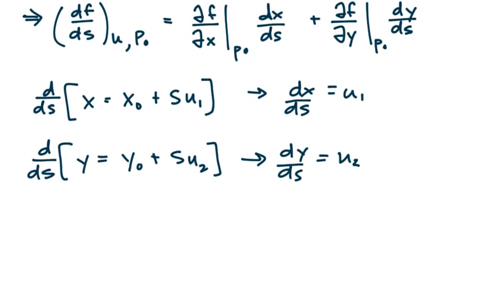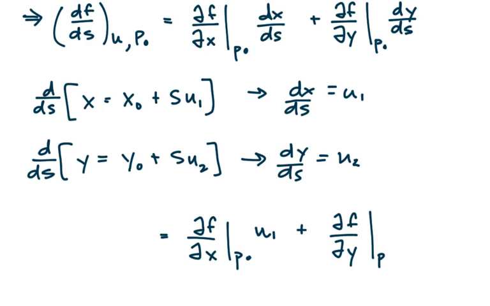So that allows me to take my formula up above and simplify it. We've got the partial of f with respect to x at p naught, dx/ds is equal to u sub 1, plus the partial of f with respect to y at p naught, and the derivative of y with respect to s is u sub 2.